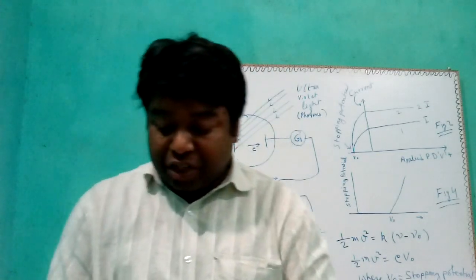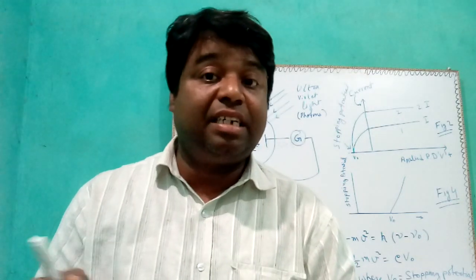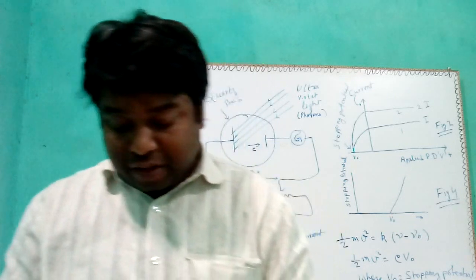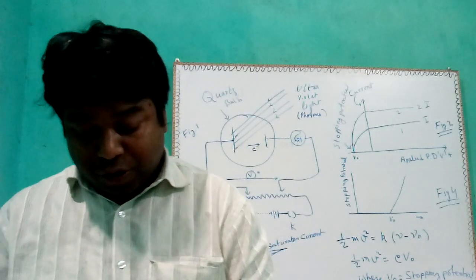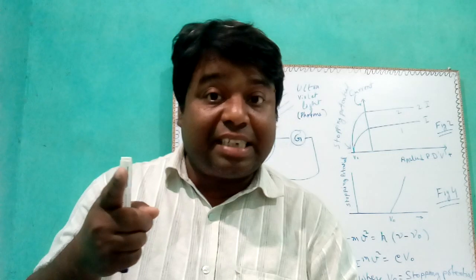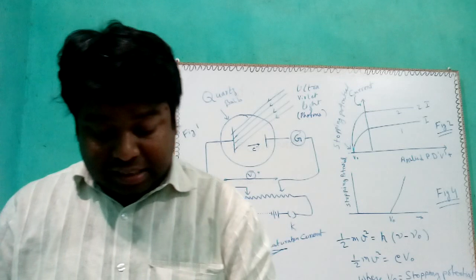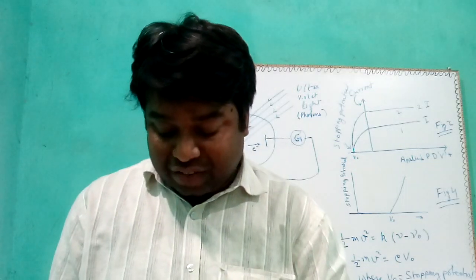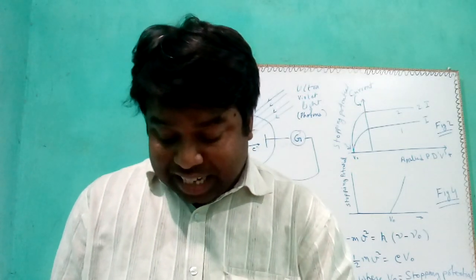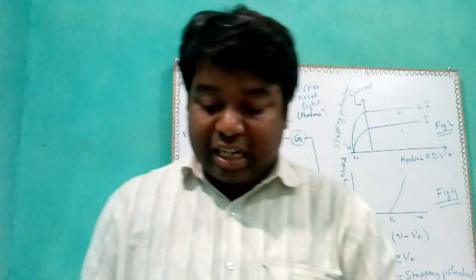Calculate the velocity of the photoelectron if the work function, which is the energy required for liberating the electron, of the photometal is 1.24 electron volt and the wavelength of the incident radiation, which you need to convert into frequency, is 4.37 times 10 power minus 7 meter. What retarding potential is necessary to stop the emission of these electrons?